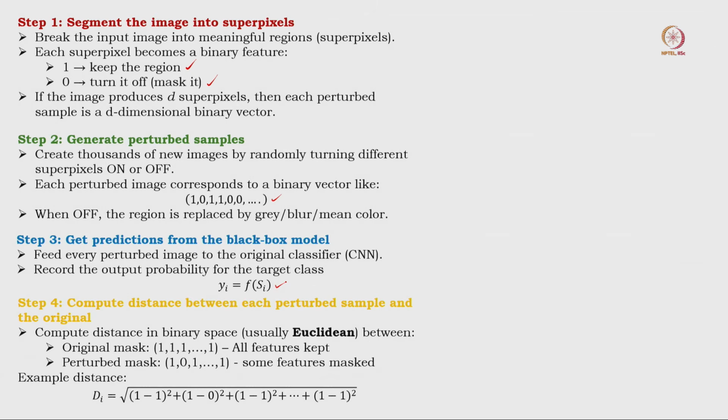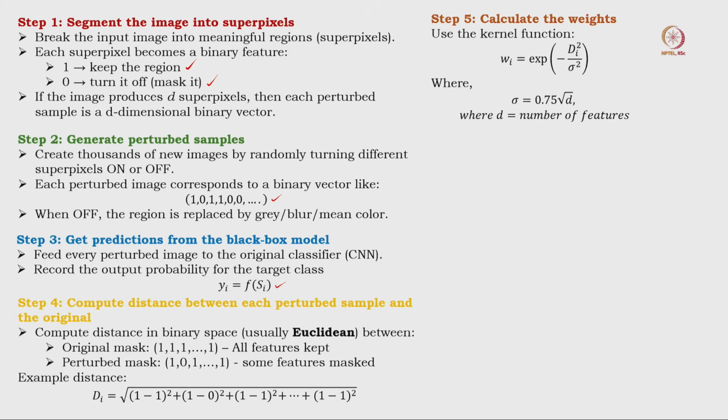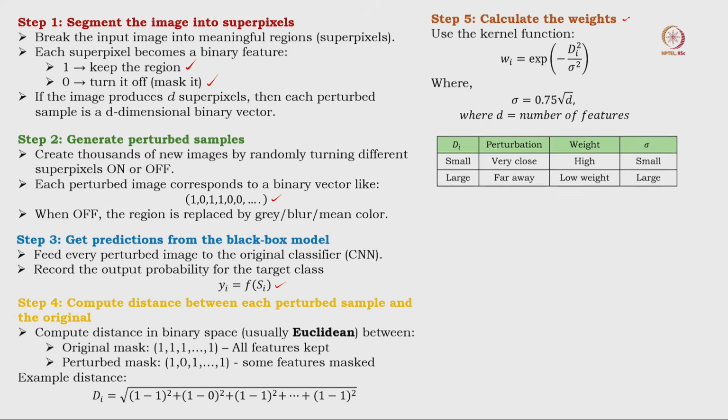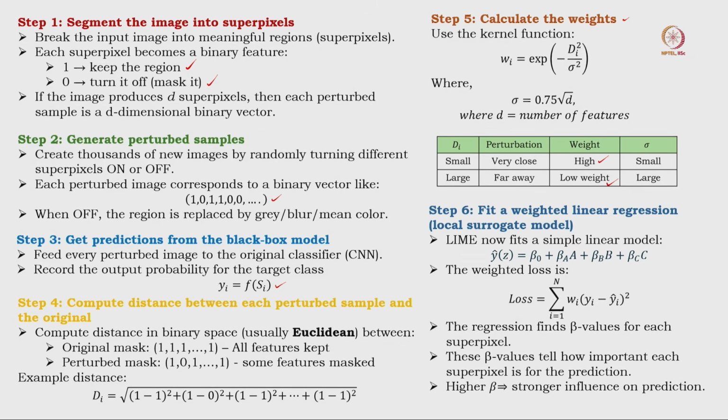Once we get the predictions, we calculate the distance, and then the weight. Perturbed instances which are very close get higher weights, and those very far away get lower weights. Then you fit the weighted linear regression, which gives the best coefficients, and finally you visualize the explanation.